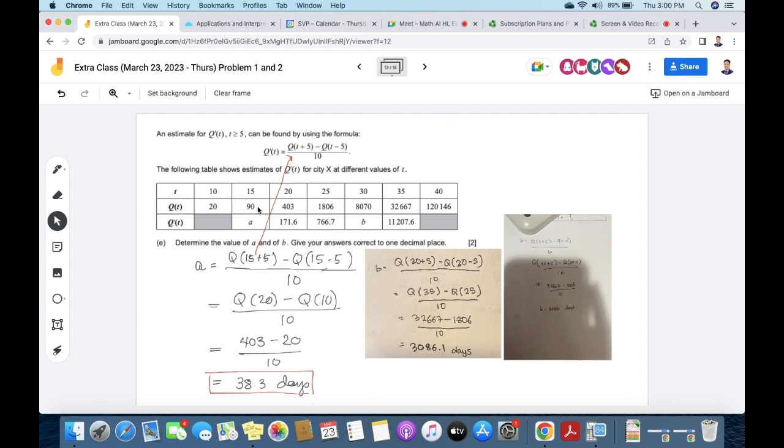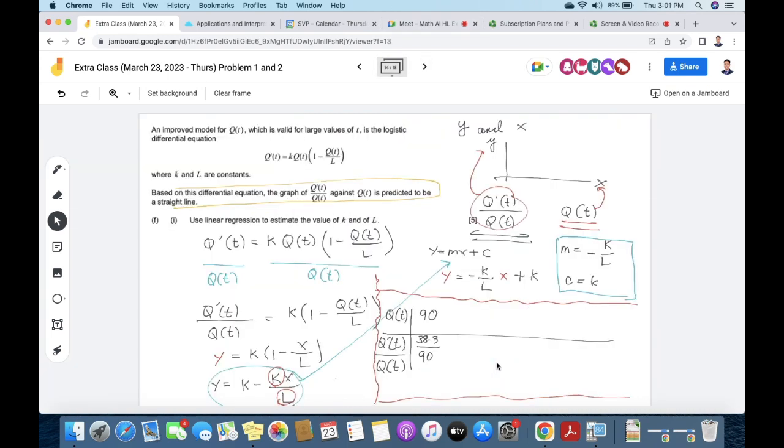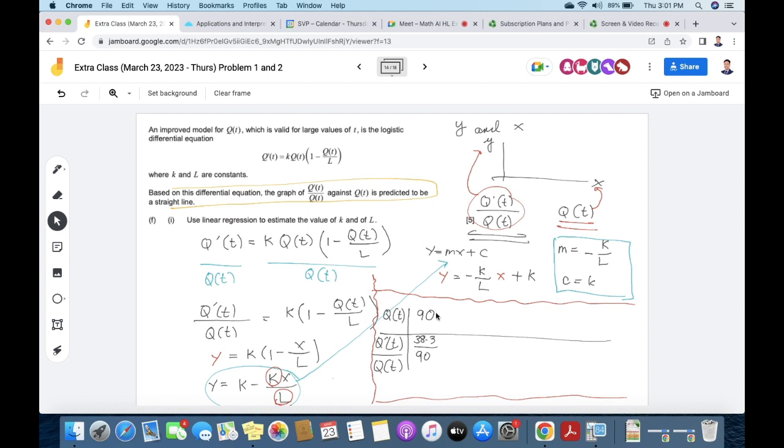And then the q prime of t is, what was the value of a again? 38.3. 38.3 over 90. So class, this is how it would look like. Q of t is 90. Do you follow? And for this one, the ratio, it's 38.3 over 90. Is it clear?